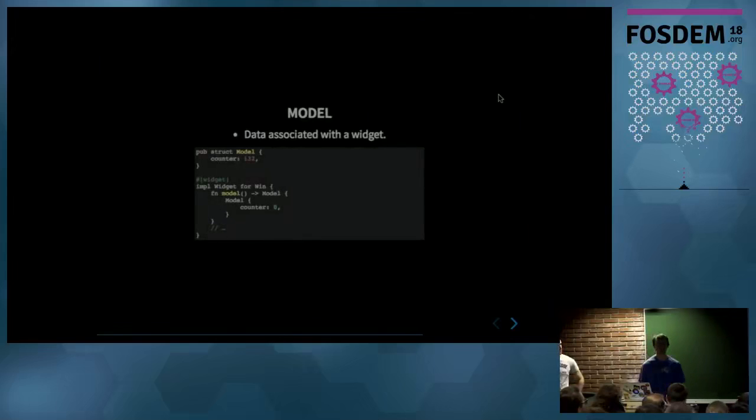So let's see how we can use Relm. First, we need to declare a model, which is a normal type in Rust, so it could be a struct. And then we use this widget attribute on an impl of Widget, which is the trait we want to implement, and for a window in this case, which will create a window. So we need first the model method, which declares the initial model of your widget.